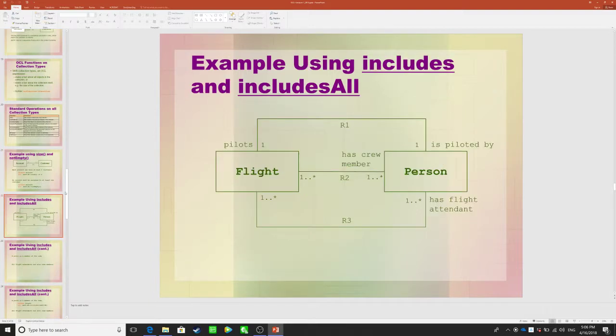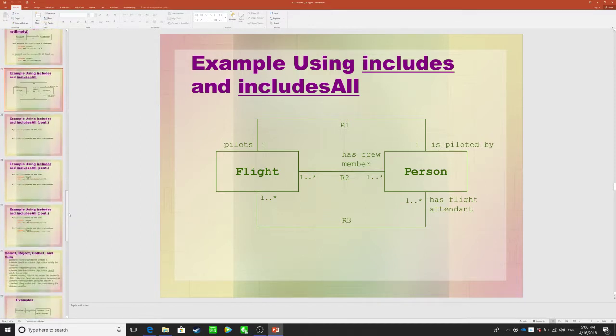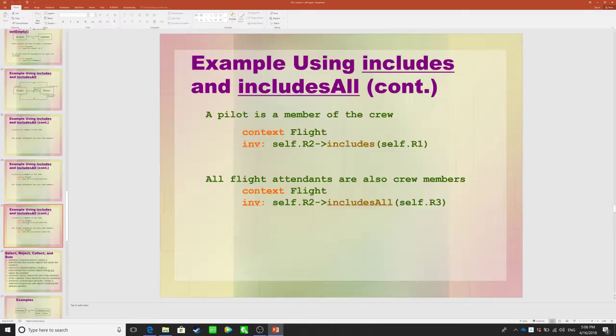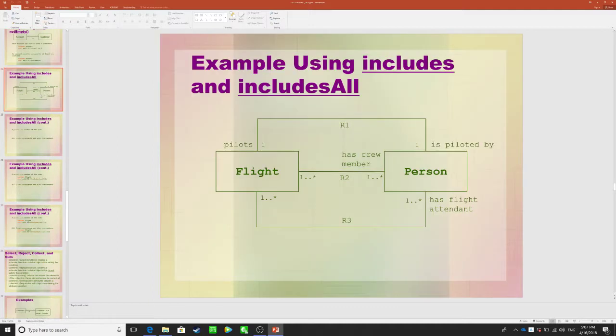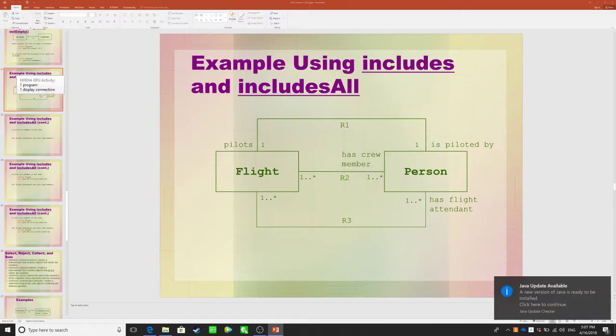And another thing I want you to still remember, let's look at this example here. A pilot is a member of the crew, and all flight attendants are also crew members. So we are in the context of flight. And then we have 3 different relationships. R1 will be the relation of pilot, R2 is crew member, R3 is attendant.